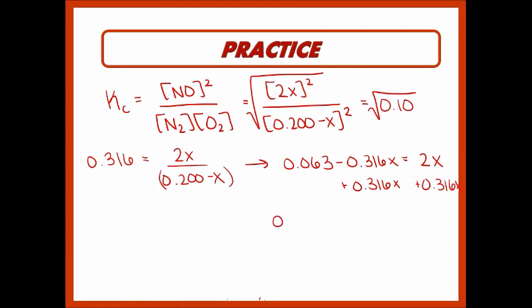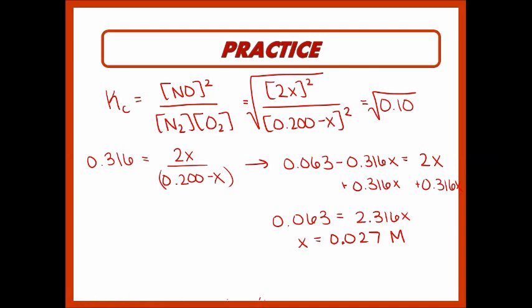So that leads us to say that 0.063 is equal to 2.316x, and dividing by 2.316 on both sides to isolate our variable, we get that x is equal to 0.0227 molarity.